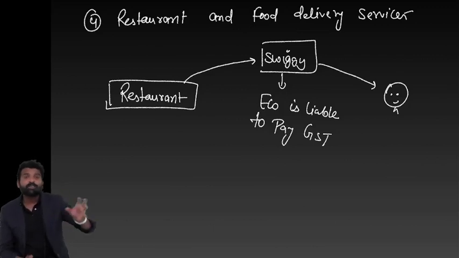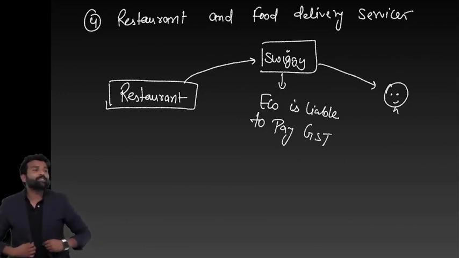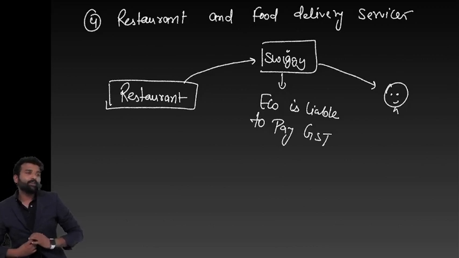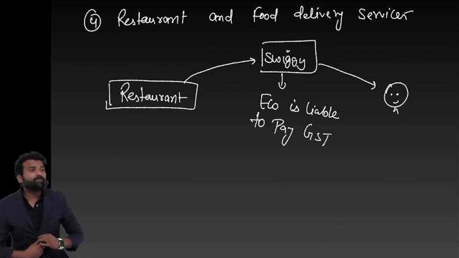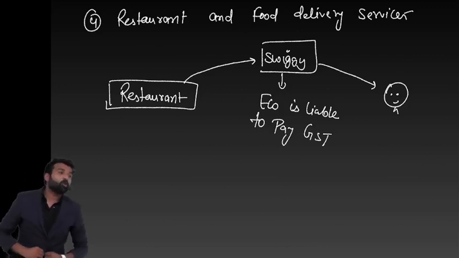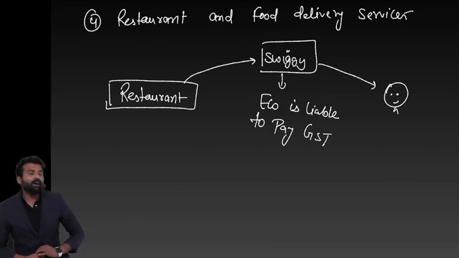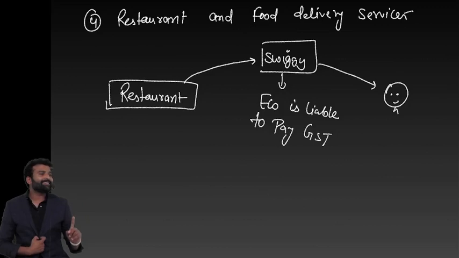So an MCQ question might ask that under 9 subsection 5, in what kind of services is the e-commerce operator not liable to pay if the supplier is registered? It's housekeeping and hotel. But for food delivery services and Ola Uber, the e-commerce operator is always liable to pay GST.